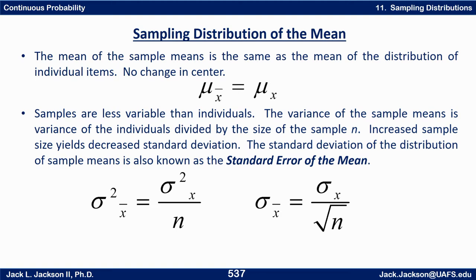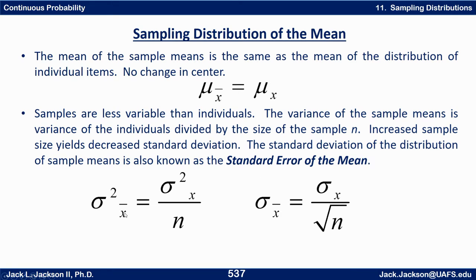But it turns out that samples are generally less variable than the group of individuals. So the variance of the sample means is the variance of the individuals divided by the size of the sample n. So increasing the sample size yields decreased standard deviation. And the standard deviation of the distribution of sample means has another name that we sometimes call it, the standard error of the mean.